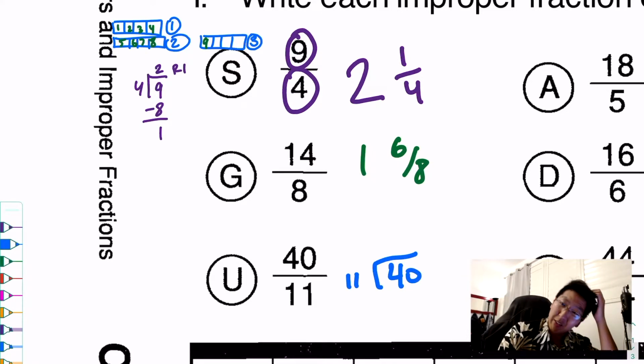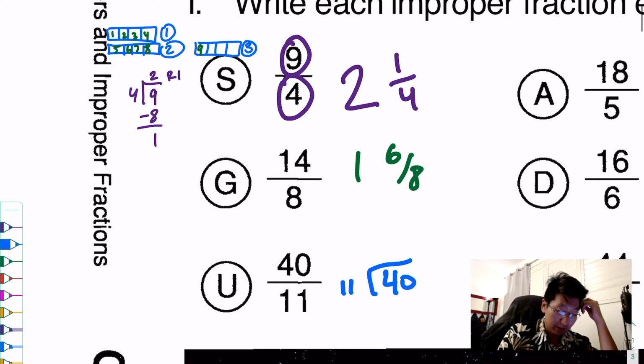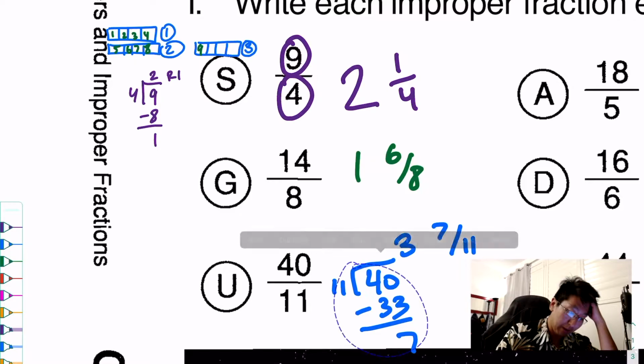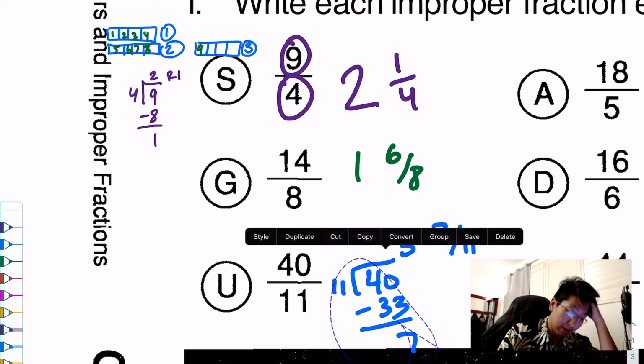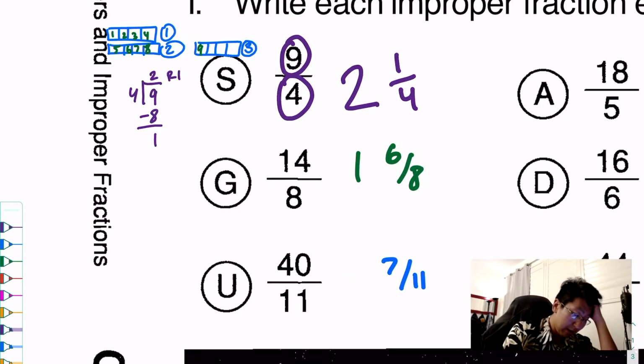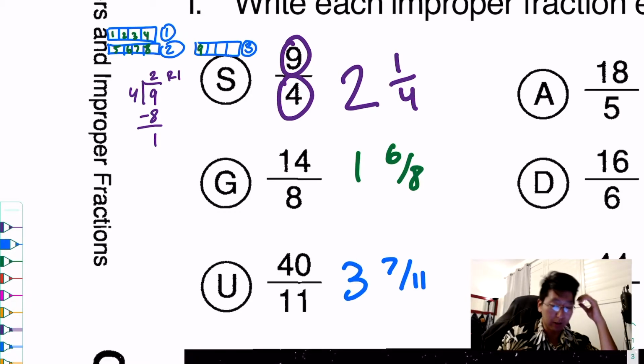How many times does 11 go into 40? 3. 3 times 11 is 33, and 40 minus 33 gets you 7. So the remainder is 7 out of 11. So the answer is 3, and I'll make that 3 a little bit bigger so you could tell that's a whole number, and 7/11.